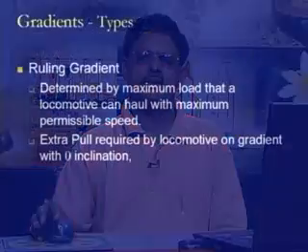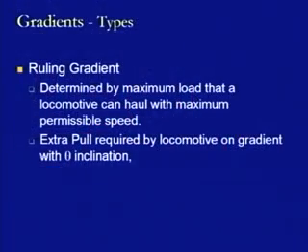For the extra pull required by the locomotive on a gradient with inclination theta, we have to consider this value, that is the total amount of pull which is required, as we have seen, and this is equal to the resistance offered by the gradient, which we have seen previously is equal to W multiplied by G divided by 100.